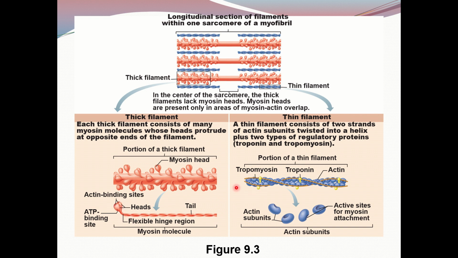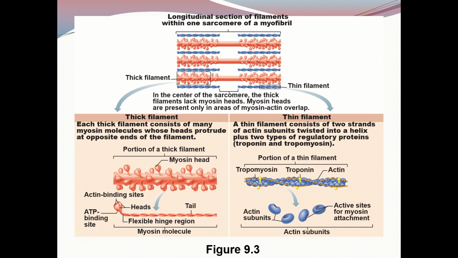So looking over at tropomyosin and troponin, I'd mentioned that tropo means in the way. And so tropomyosin is in the way of myosin. So what happens here is this long protein, this tropomyosin, is covering these divots, which are active sites. And these divots are the perfect shape to fit into the myosin heads.